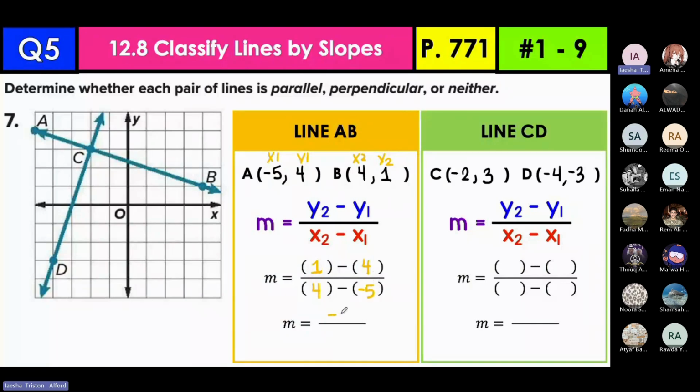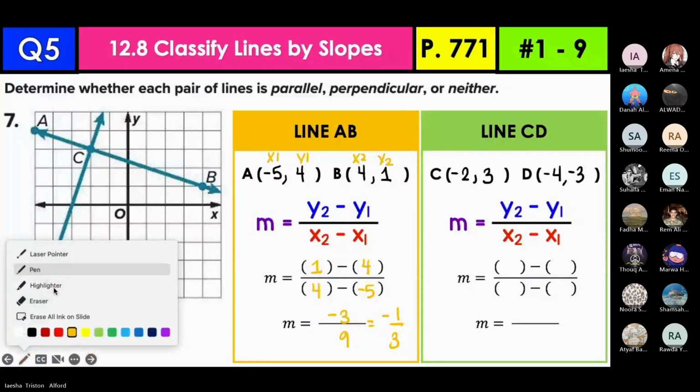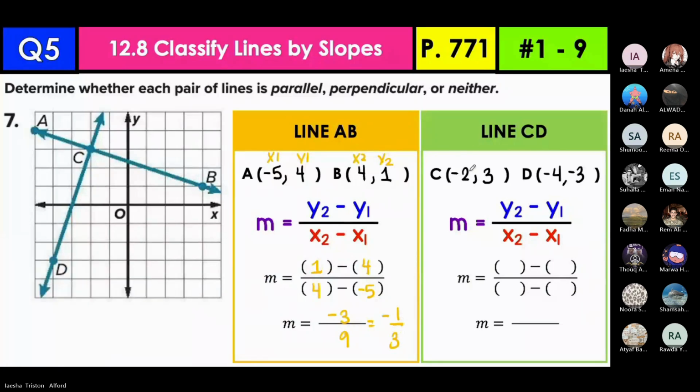So that is -3 over 9. So -1 over 3. Somebody check it. x1, y1, x2, y2. y2 is -3, y1 +3, x2 -4, x1 -2. Perpendicular.